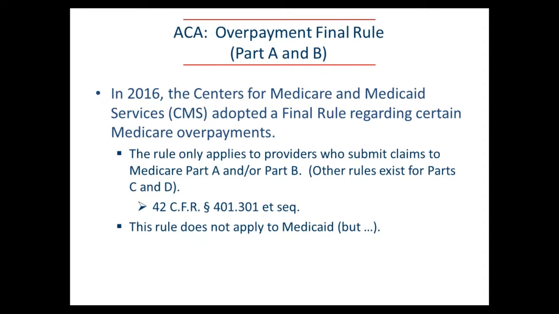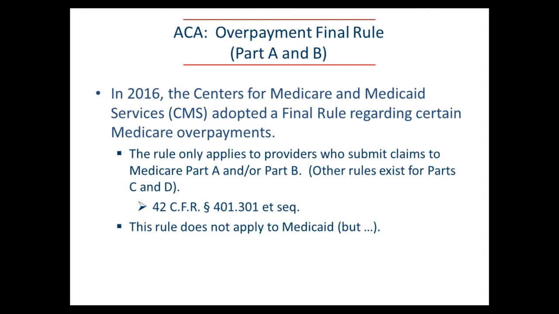As we mentioned, the ACA went into effect in 2010, but it wasn't until 2016 when CMS adopted a final rule adding specifics to when an overpayment is identified and when the 60-day reporting and return requirement starts to accrue.